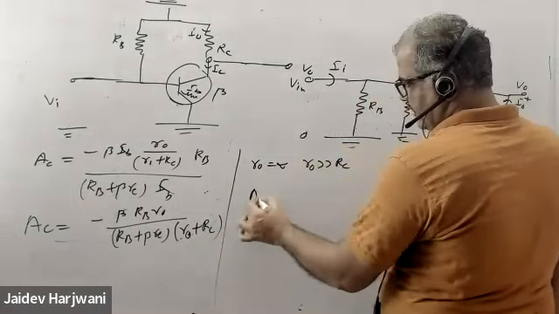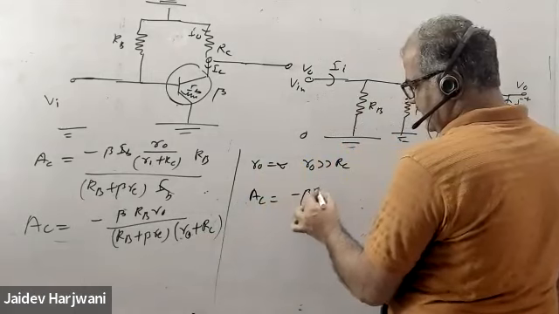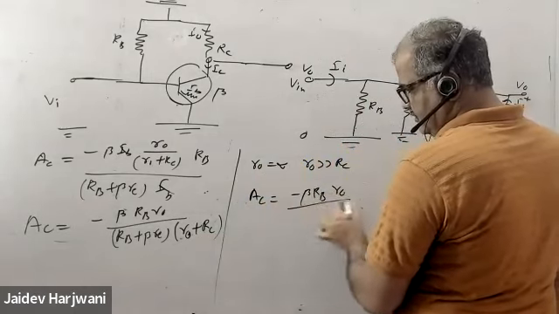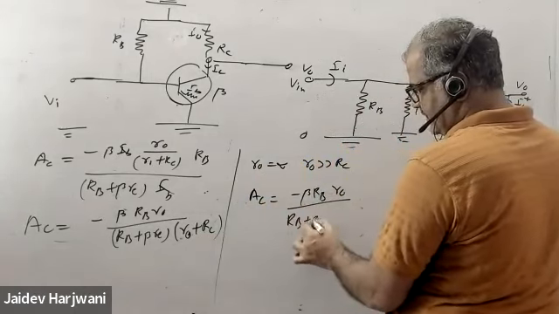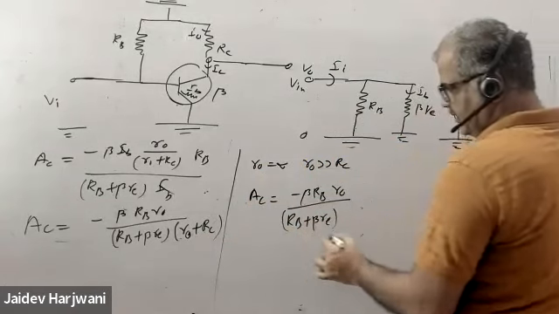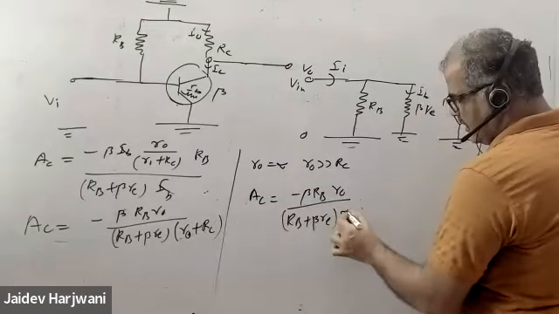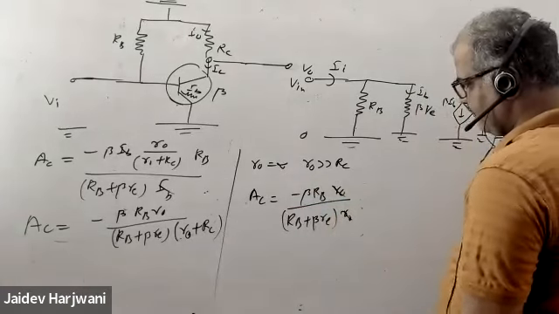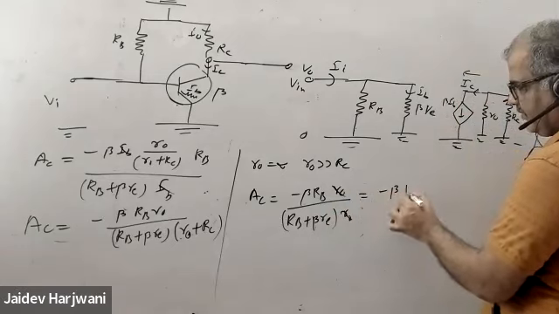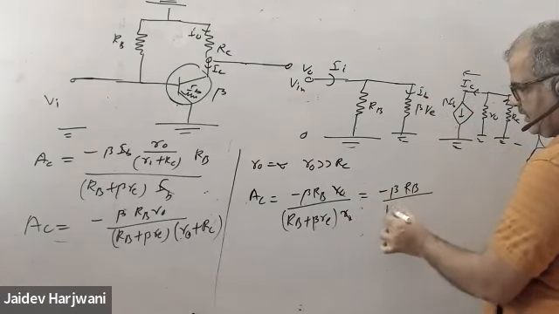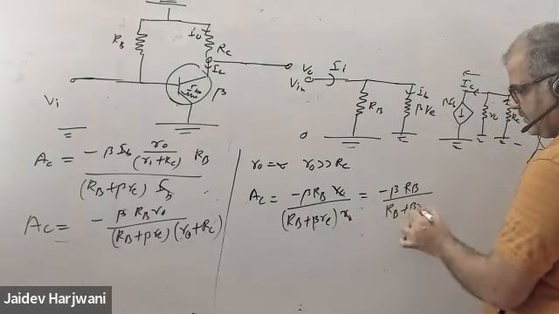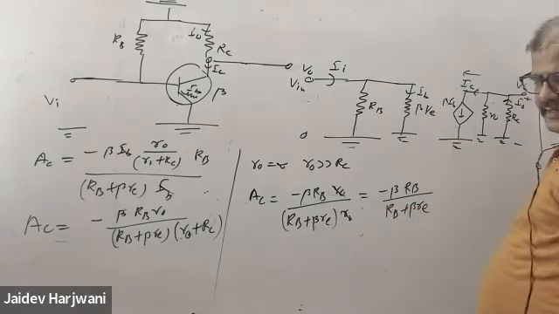Then you get AC equals minus beta RB R naught upon RB plus beta RE. I'm taking R naught infinite, so R naught cancels. So you simply get minus beta RB upon RB plus beta RE, isn't it?